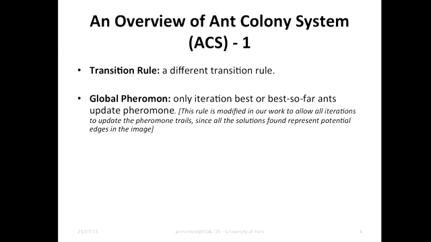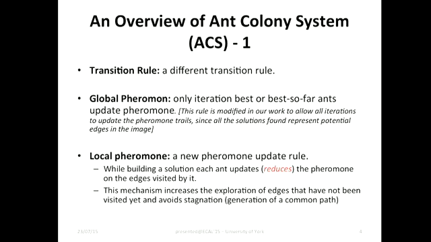One of the unique differences of ACS is the use of a local pheromone update besides the global pheromone update, which is a kind of online update to the pheromone. Each ant updates the edge it is visiting by reducing the amount of pheromone assigned to that edge, in turn reducing the probability for other ants to pick this edge.